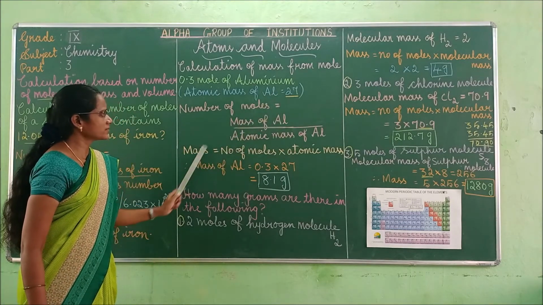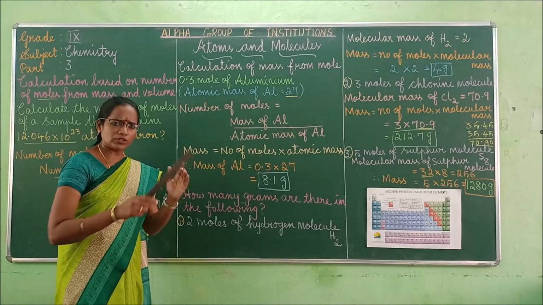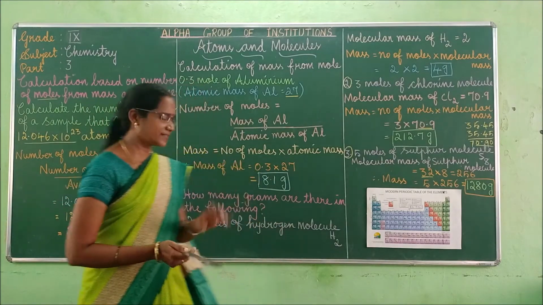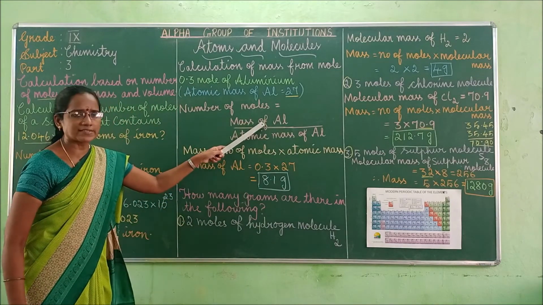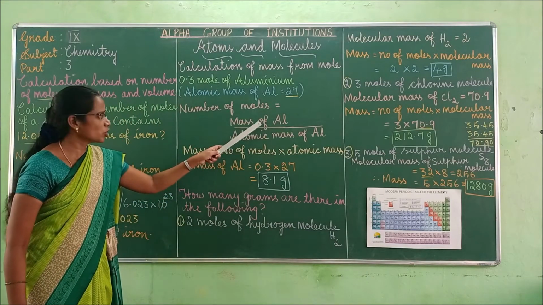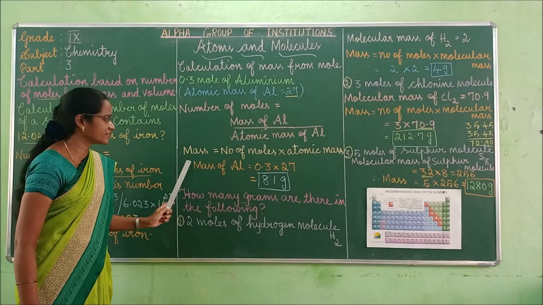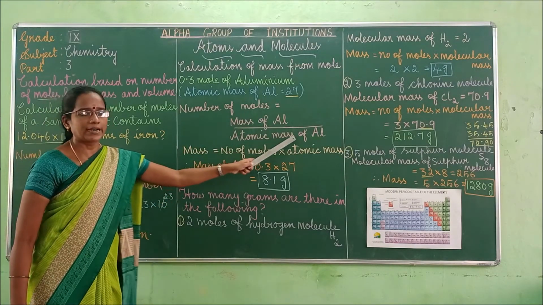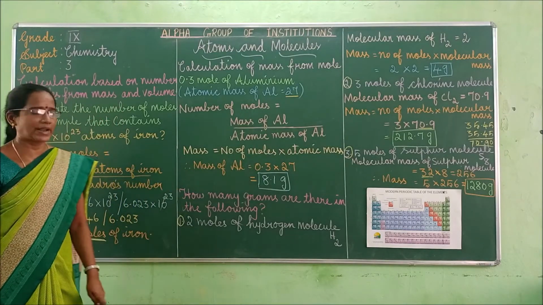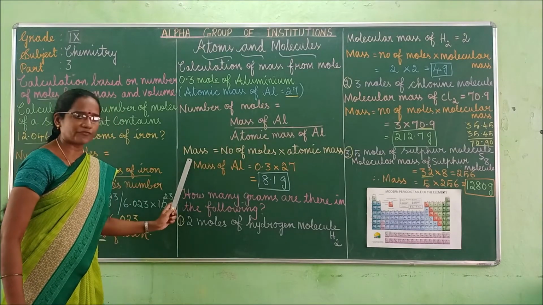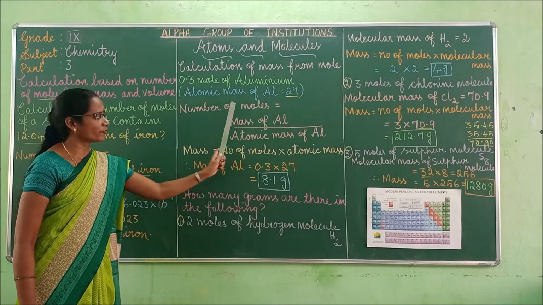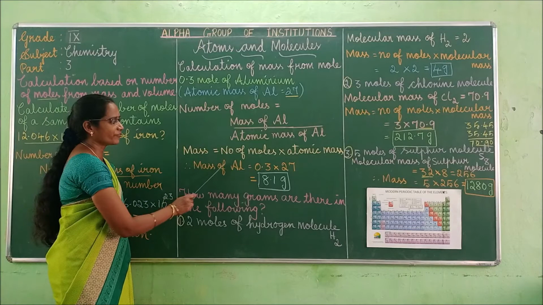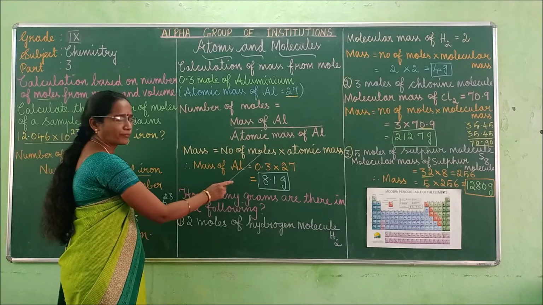You have to take the known things on one side and the unknown things on the other side. We don't know the mass of aluminium, so you take it to the left hand side. Mass is equal to number of moles into atomic mass of aluminium.